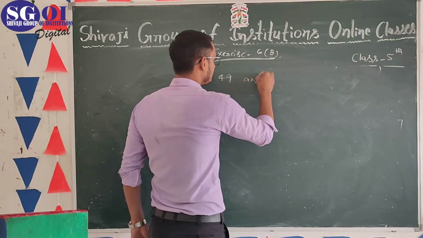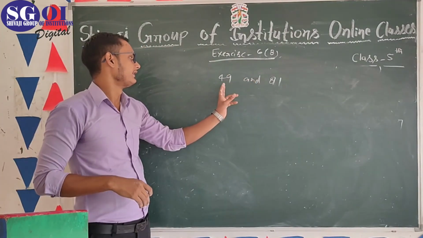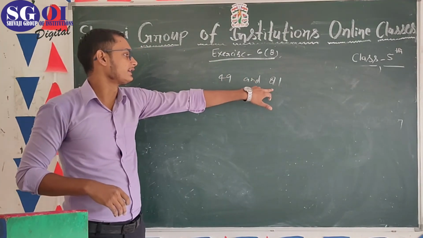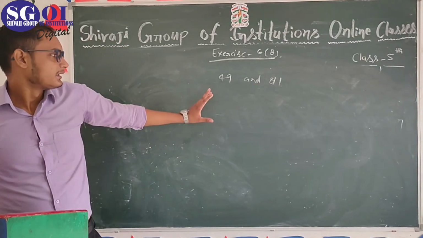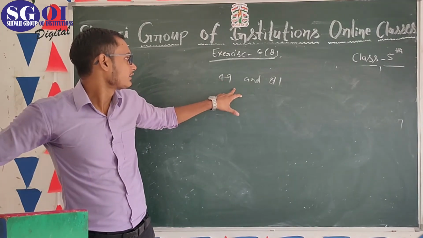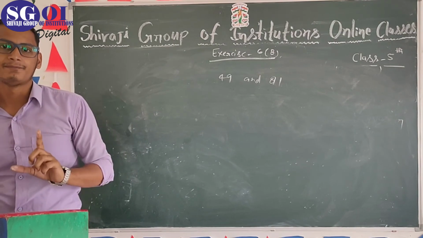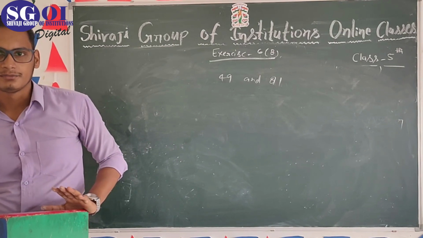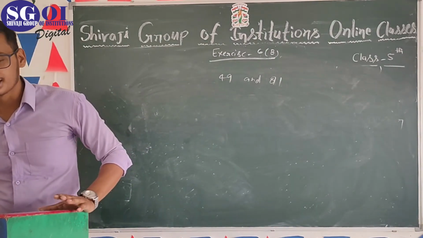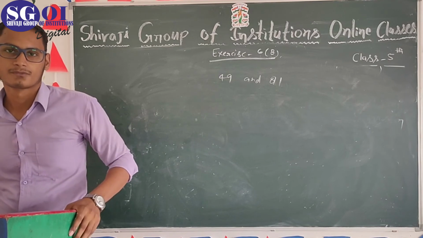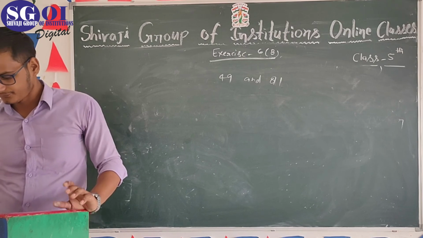First we have to find the factors of 49 and the factors of 81. If there is any one common factor, then we can say that this is not a co-prime pair. Okay, so you have to do question number 10.